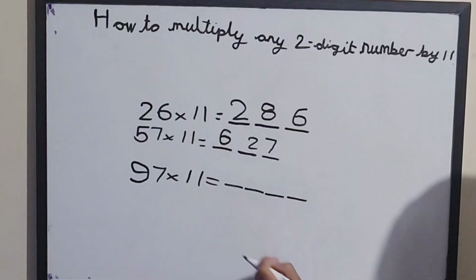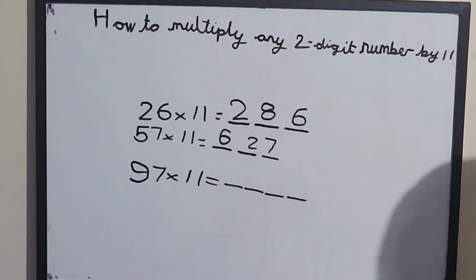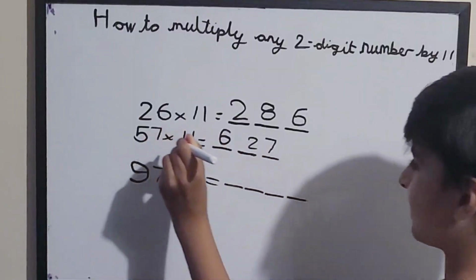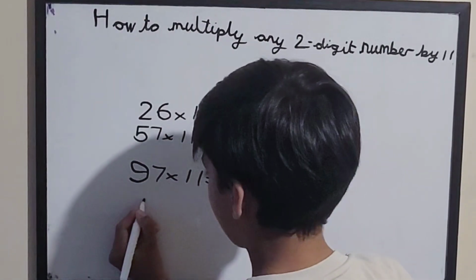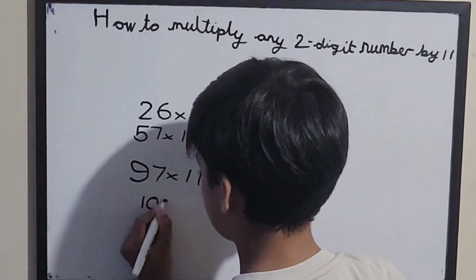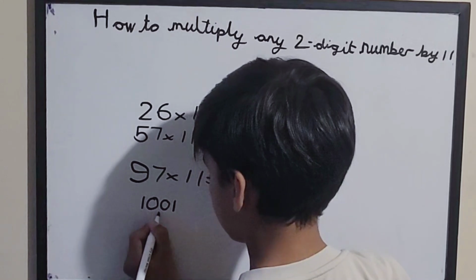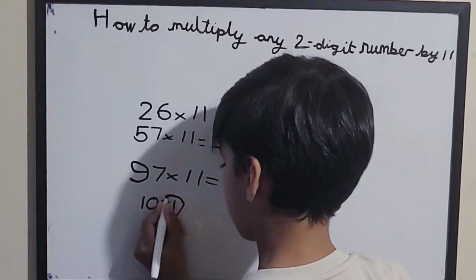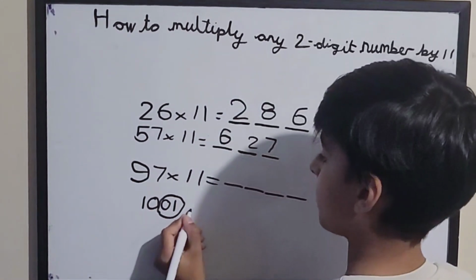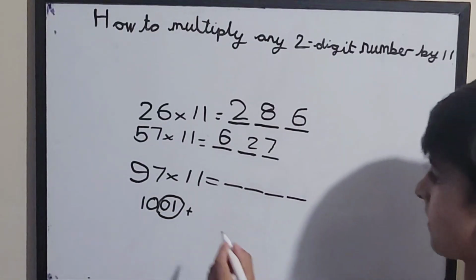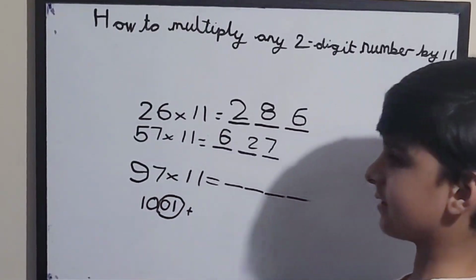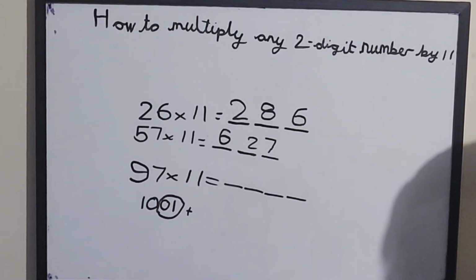So, 7 times 1 is 7. And now, it's not really like this. It's 91 times 11, which is 1001. 1 plus the other number which we use.